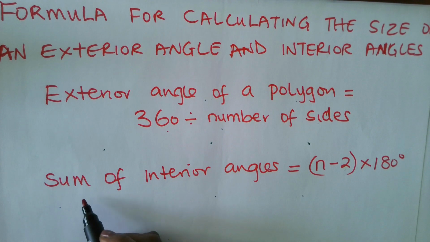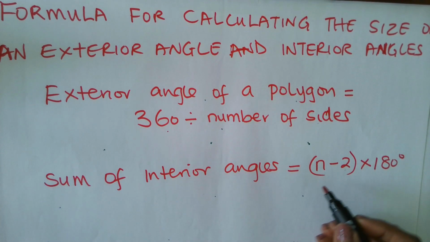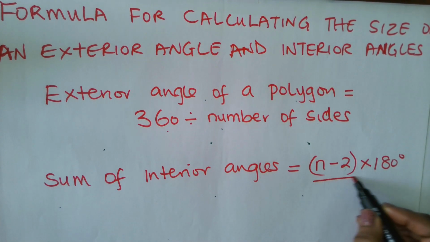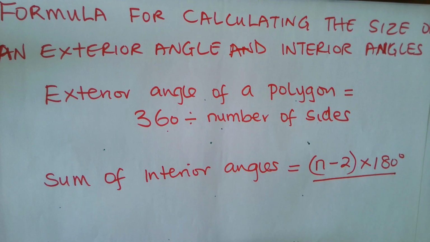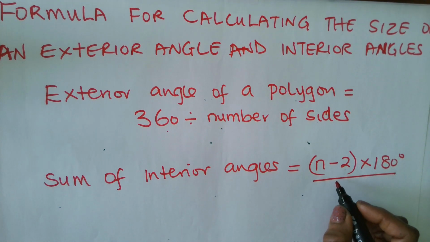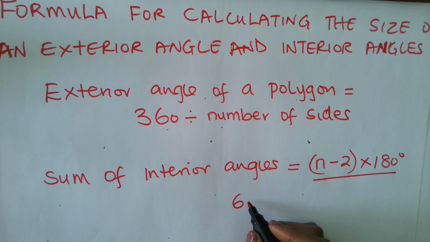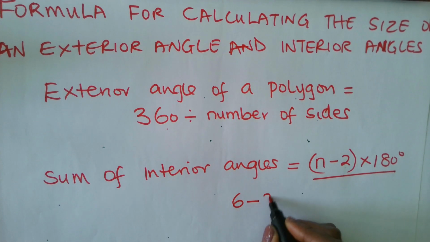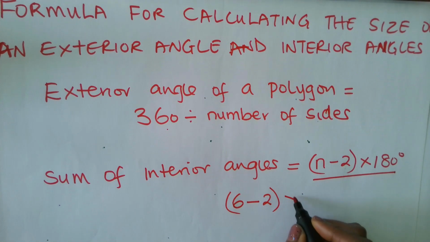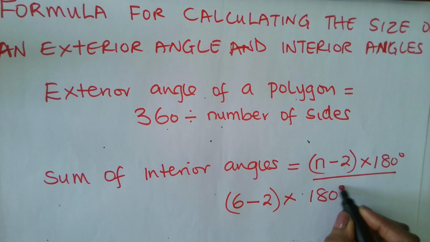Now we look at the sum of interior angles. This is the formula for the sum of interior angles. Let's give an example. A hexagon has got 6 sides. 6 minus 2, multiplied by 180 degrees.